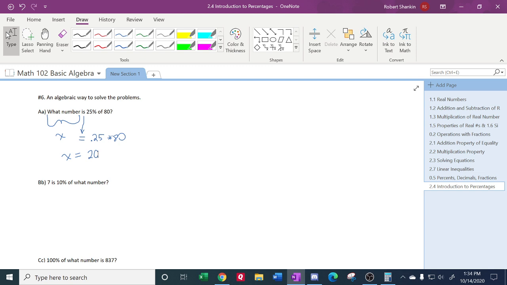All right, now enter your equation into your group chat and enter your solution. But the most important thing that we're looking for is the equation. How did you translate this into an equation? Go ahead and hit enter when you enter it into your group chat and look at other entries.